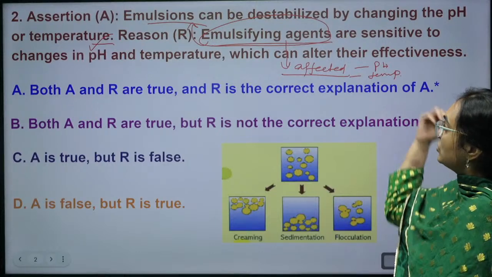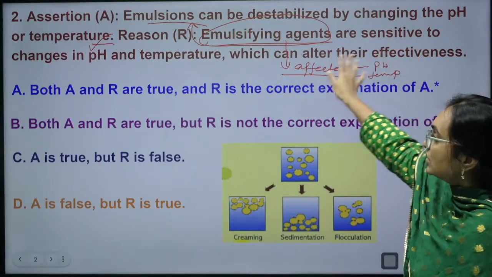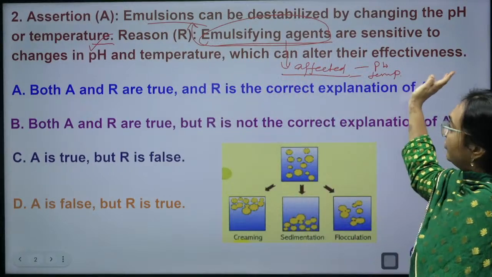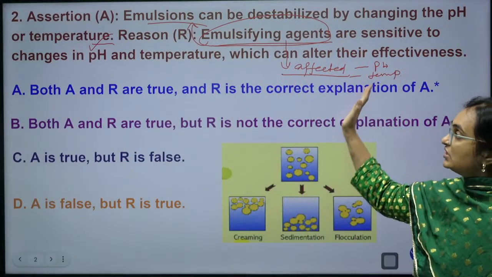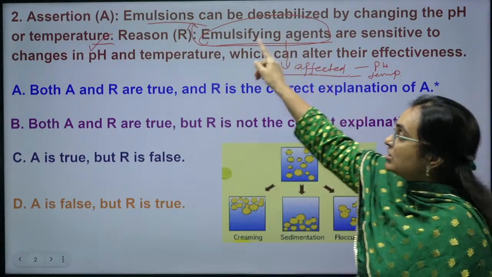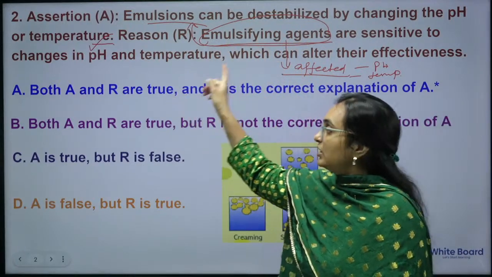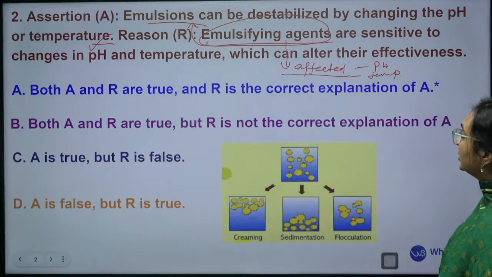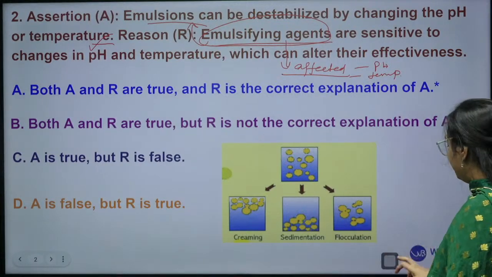That is why, if you see the reason, emulsifying agents are sensitive to changes in pH and temperature, which can alter their effectiveness. Since the emulsifying agent is affected, emulsion stabilization will be affected. That is why both A and R are true, and R is the correct explanation of the assertion.